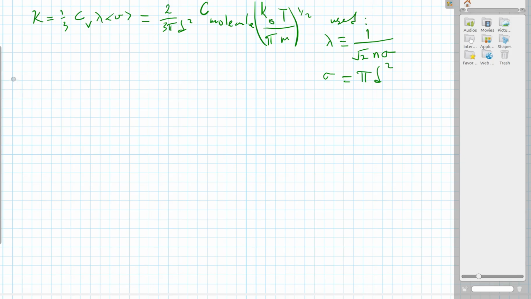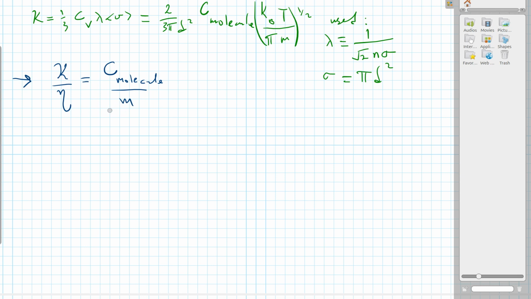Okay, so if you compare the expression for the thermal conductivity and the expression for viscosity, one can see that we can have kappa divided by eta, thermal conductivity divided by viscosity, is going to be C molecule divided by m. Okay, and this is specific heat capacity.